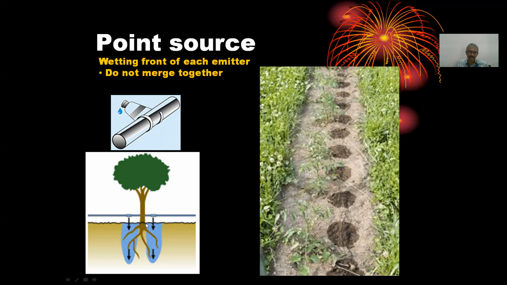So see here, this is a wetted zone and this is another wetted zone. They do not join together. They are called point sources. Sometimes they can also join together within a tree, but these wetted zones will not join with the adjacent tree's wetted zone. Then also this is called a point source.